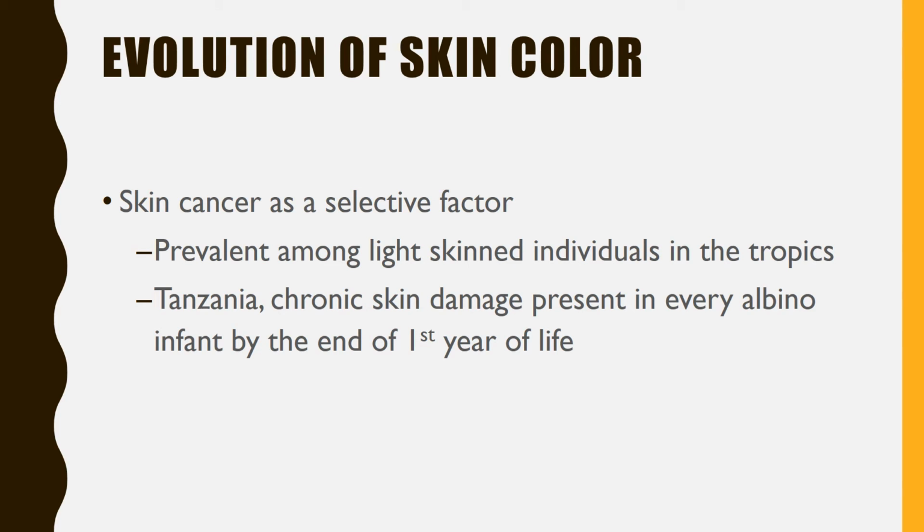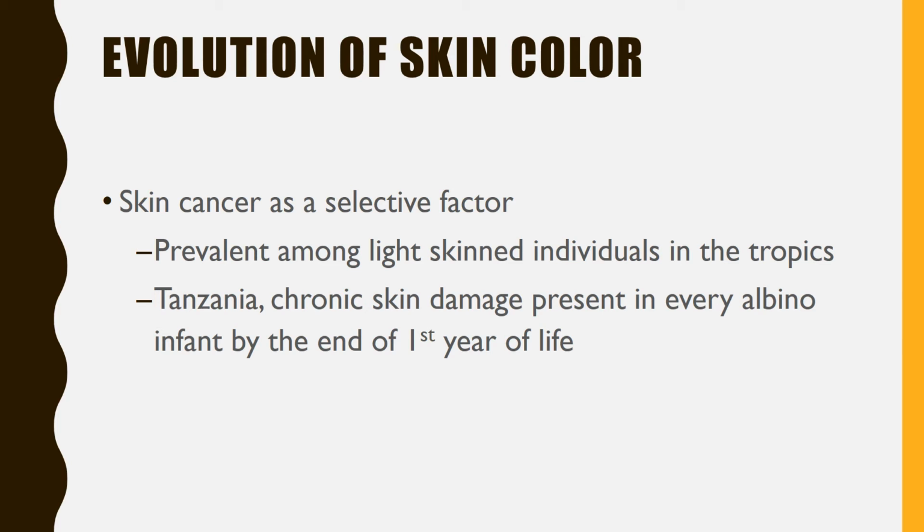Let's just look at some of the evidence for this. Skin cancer is found to be prevalent among light-skinned individuals in tropical latitudes. There's research, for instance, that shows that in Nigeria and Tanzania, no albino individual over the age of 20 was found to be free of malignant or pre-malignant skin lesions.